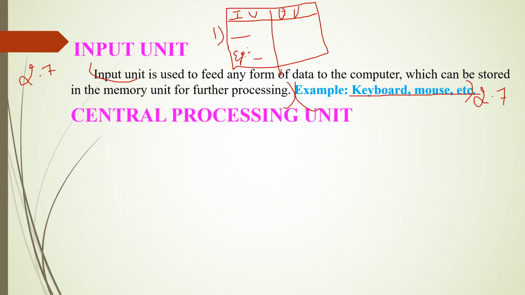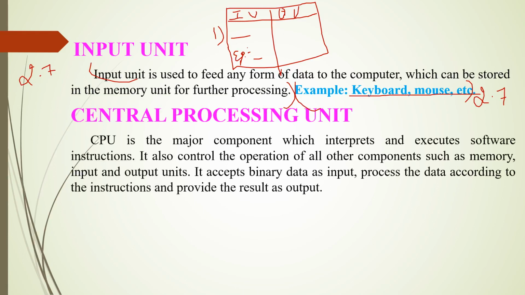Then the next one is the processing unit, that means the central processing unit. What is the central processing unit? We know very well the CPU is the brain of the computer. It executes all these things. Whatever input we give is accepted as a binary value.